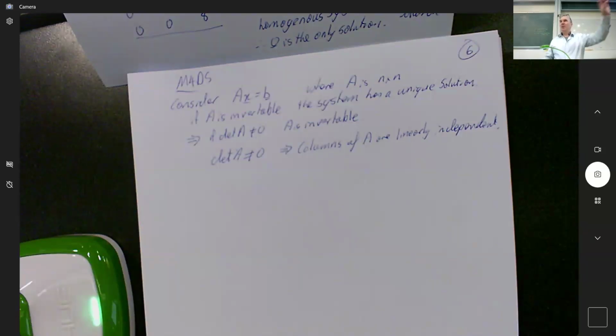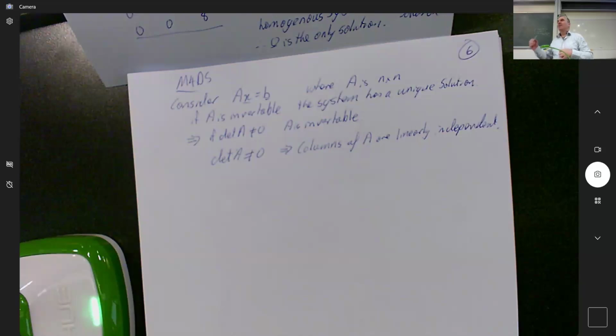There's nothing stopping me going, hey, this is the process I'm going to do. But that process of row reductions is equivalent to finding the inverse, if it exists. Why don't I ask myself the question, does the inverse exist? And then you go, oh, if the inverse exists, there's a unique solution. That means those vectors would have been linearly independent.